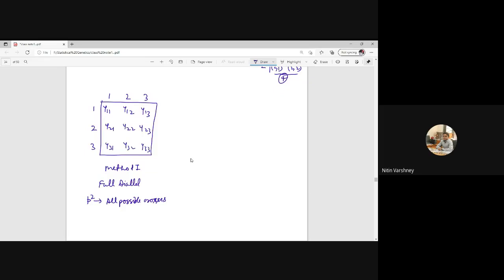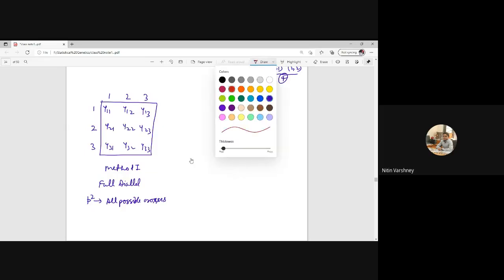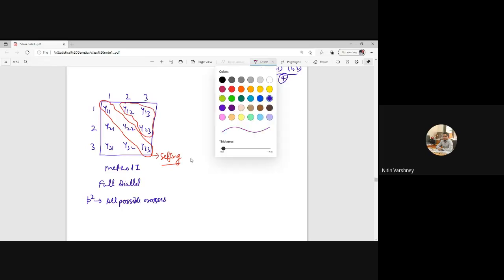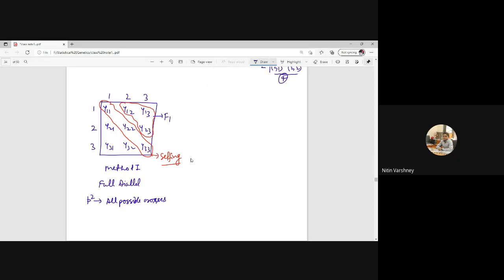Okay, so what is this type of cross? These are selfing. Exactly, this is selfing. And what is this? This is our F1, F1 hybrids of 1 and 2.